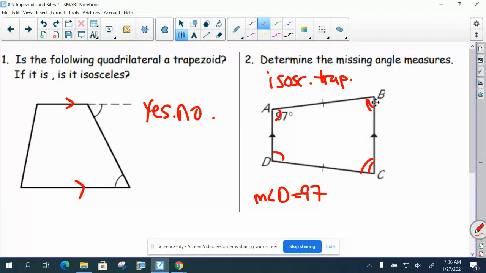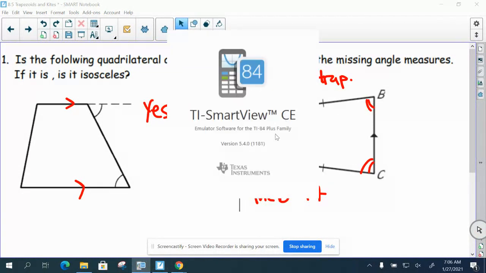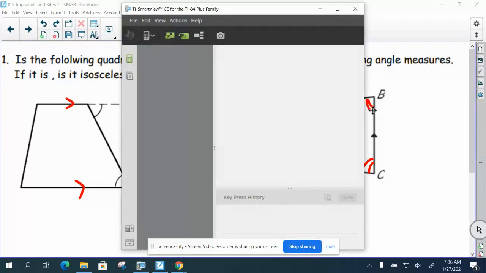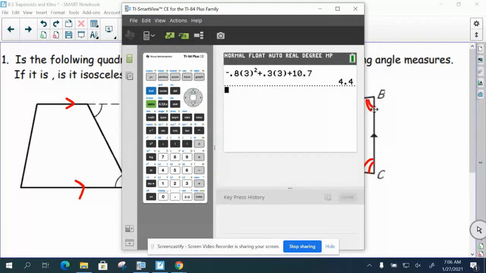And then to figure the measure of angle B and C, we'll do some math with 360. So I would add up the 97 times 2, subtract it from 360, and then the result of that you'd have to divide by 2 to get the measure of each base angle.